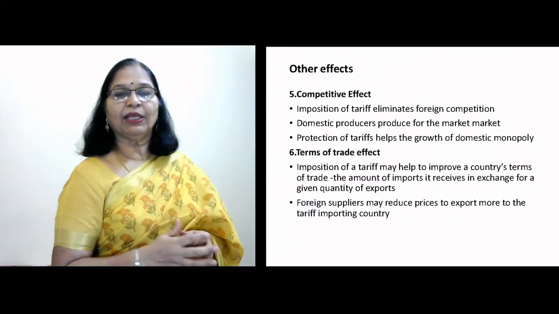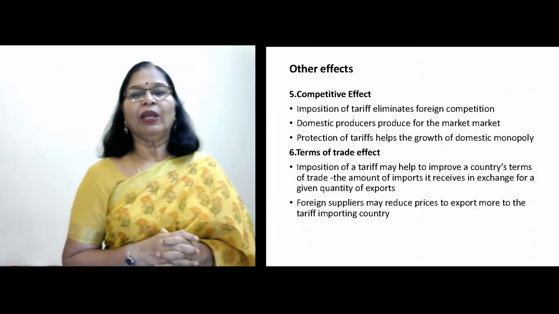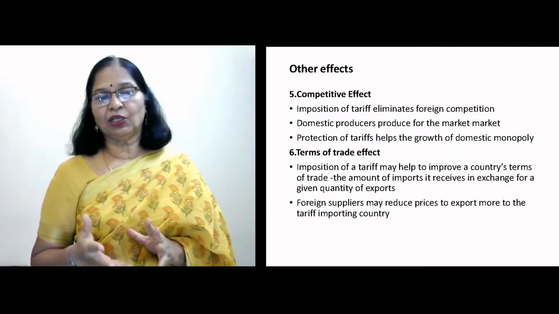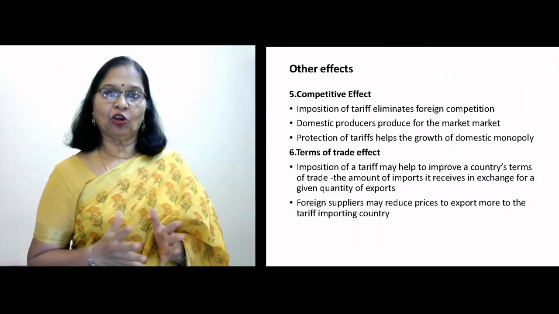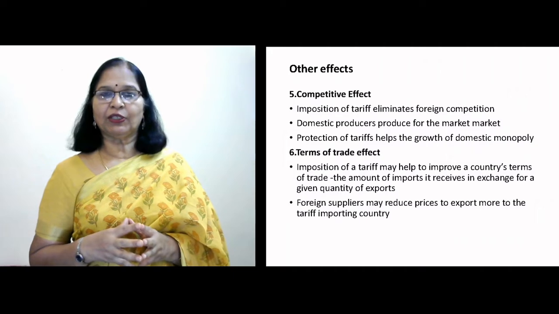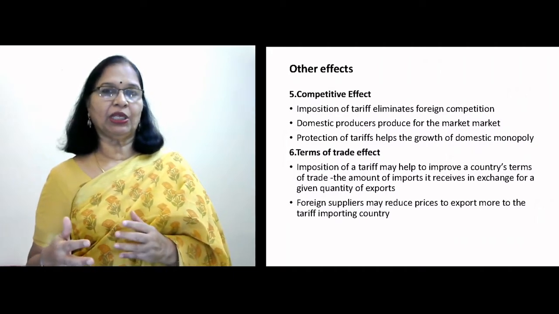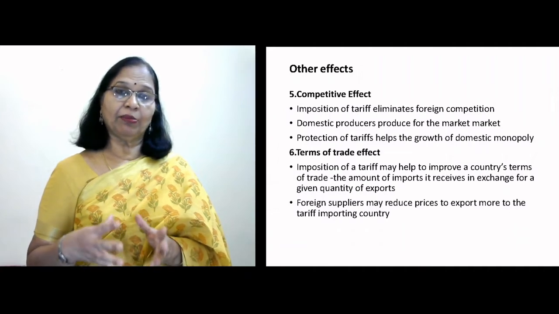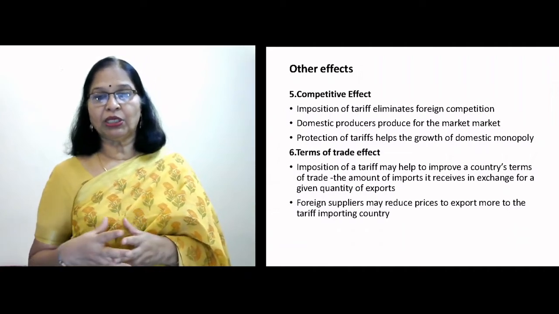The next one, we can see the other effects. This can be explained even without the table. Now, there are a lot of controversies associated with these effects. One is the competitive effect, which says that because of the imposition of a tariff, we protect the domestic industries from foreign competition, and domestic industries can become inefficient, and they may produce poor quality goods.